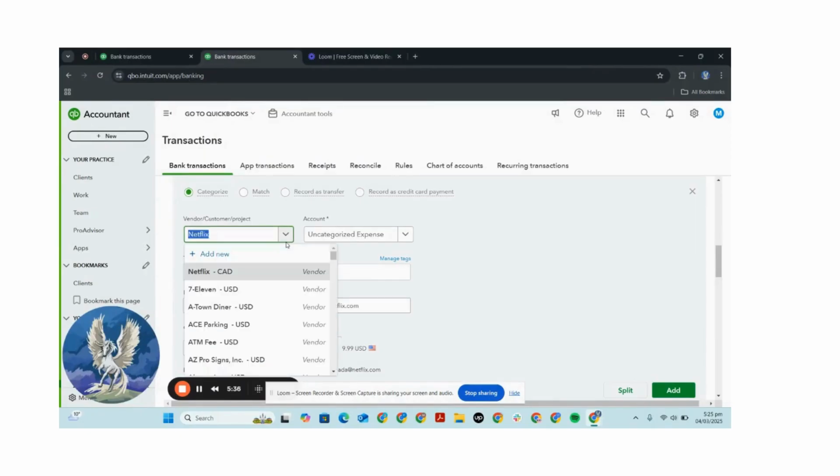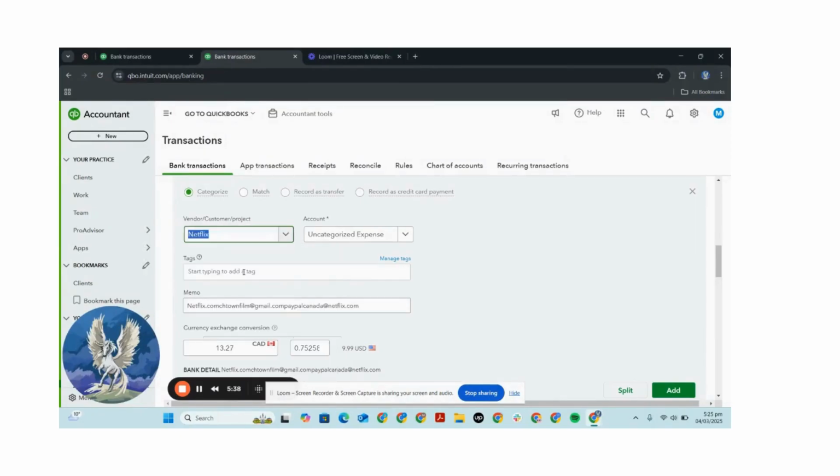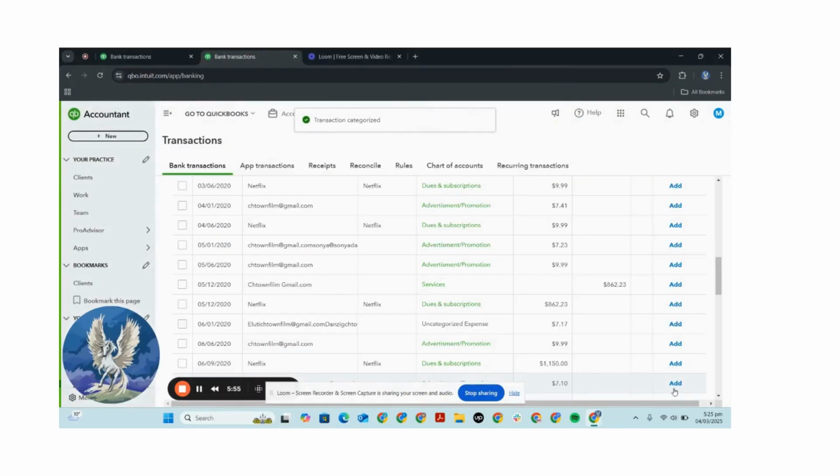I already have a vendor for Netflix, so I can select from the vendors. And what is this for? It is for dues and subscriptions, of course. And I can add that transaction. So see, here the transaction is categorized. This was an expense transaction.